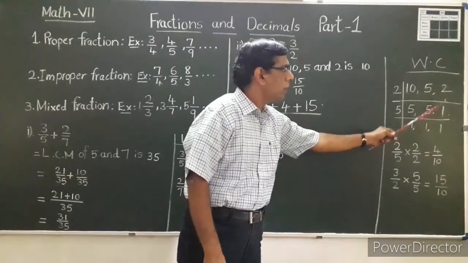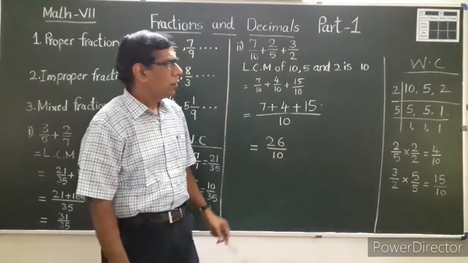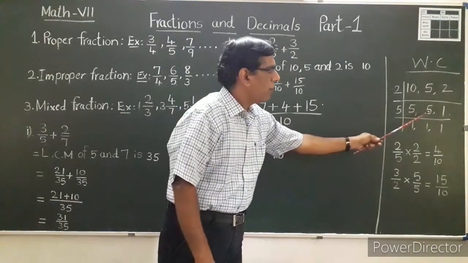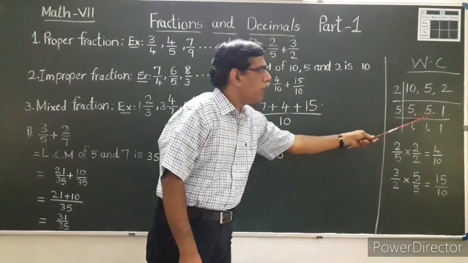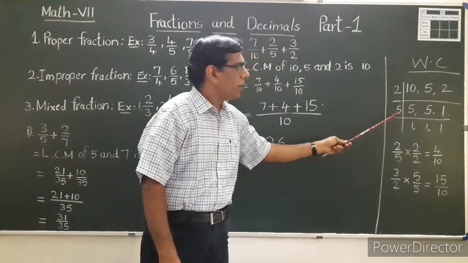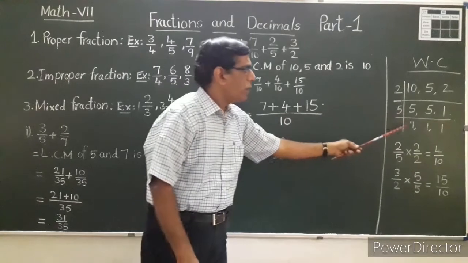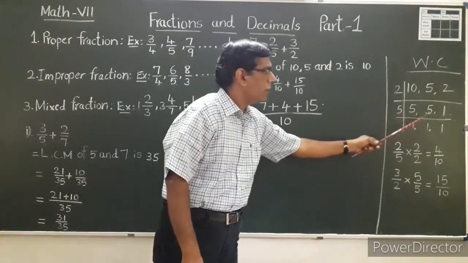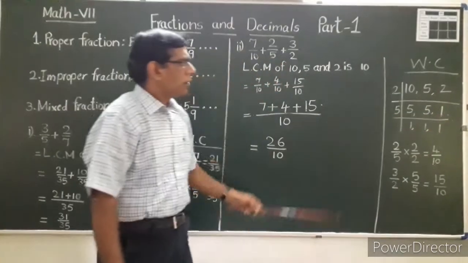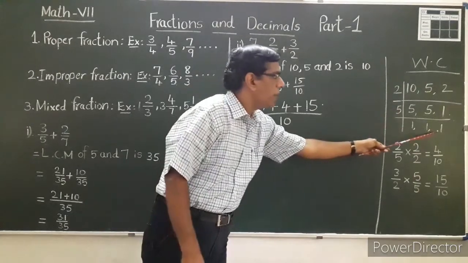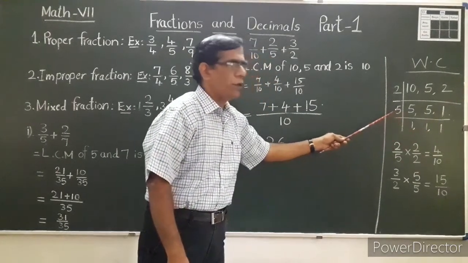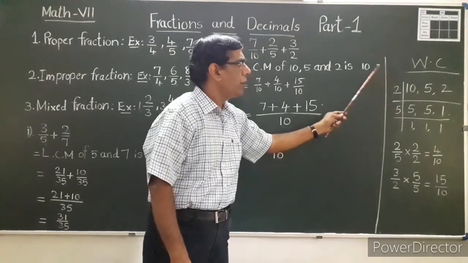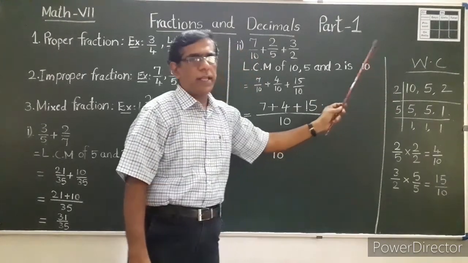Then 2 ones are 2. Now 5 comma 1: I divide by 5. 5 ones are 5, 1 as it is. Now I multiply all these numbers: 1 into 1, 1 into 5, 5 into 2, 10. So 10 is the LCM.